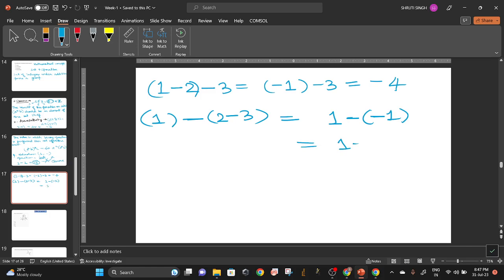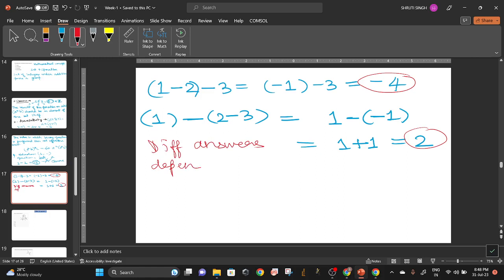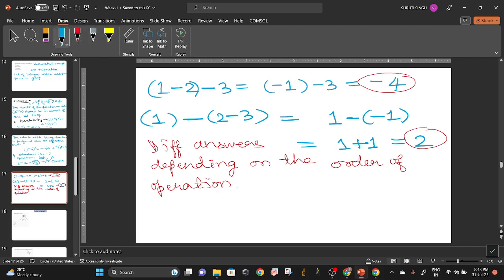So 1 minus minus 1 is plus 1, which gives 2. You see the answer changed. When I did 1 minus 2 first, it was minus 4. When I did 2 minus 3 first and then subtracted it from 1, the answer was 2. So we are getting different answers depending on the order of operation. So this set is not associative.